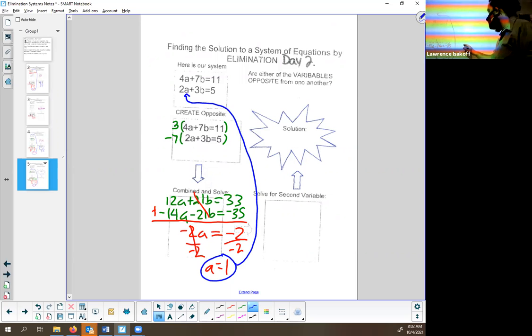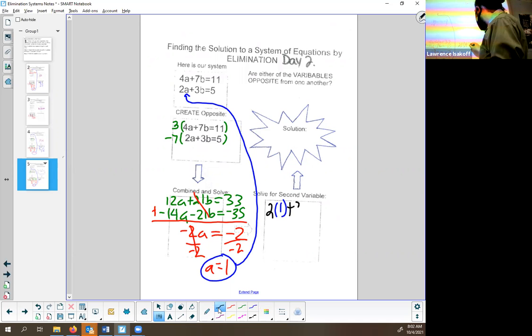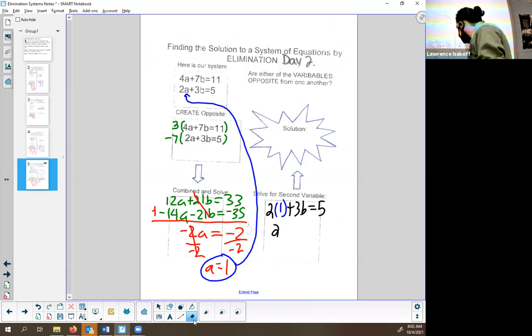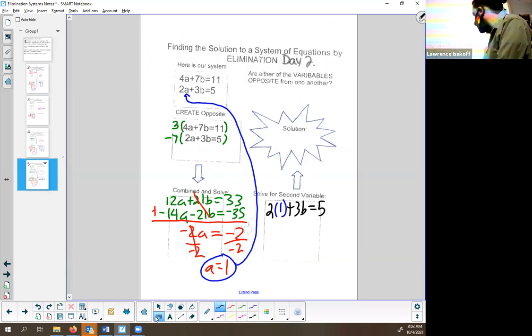This is going to go in for A here. So I could do 2 times 1 plus 3 times B is equal to 5. 2 times 1 is 2. So 2 plus 3B equals 5.